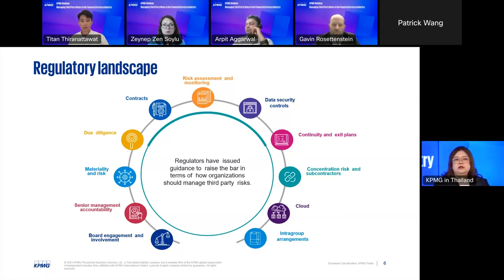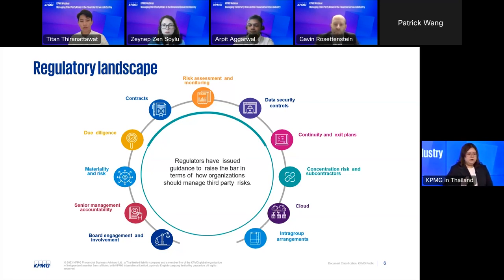So that is the last key: you have to make sure that your third party manages their subcontractors. Okay, those are the five key focuses of the regulatory landscape that I would like to highlight for you today.